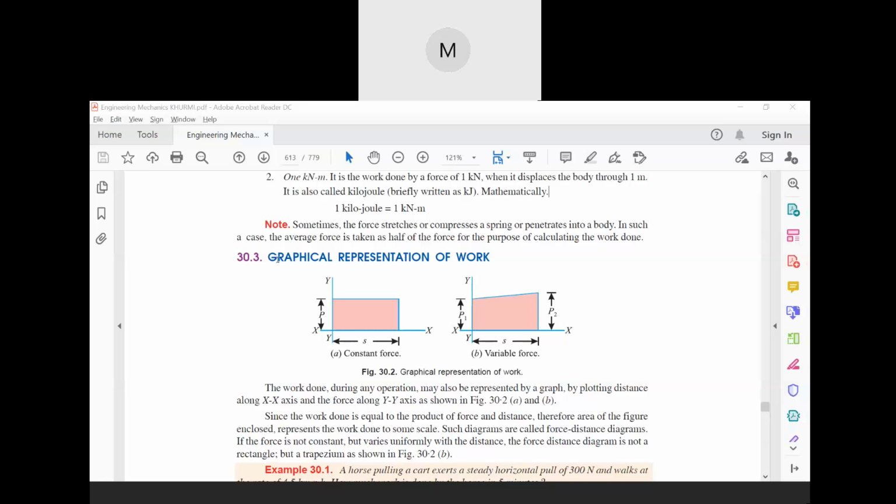Half into (A plus B) into H. How will you find its area? Half into the sum of the parallel faces into height. You will find it in that manner. So you'll have to find out the area if it is given in graphical form. Then you will get the work done. Clear? I guess it is clear for every one of you.